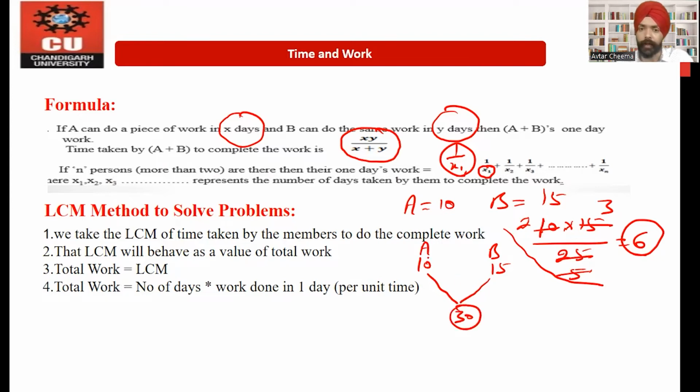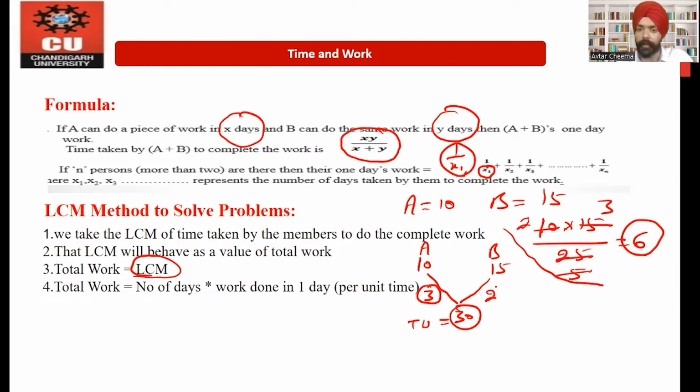Now, 30 divided by 10 is 3, so A is daily doing 3 units. 30 divided by 15 is 2, that means B is daily doing 2 units. Now here the total work is equal to 30. So LCM is always the total work. Now how much work is A doing daily? 3 units.